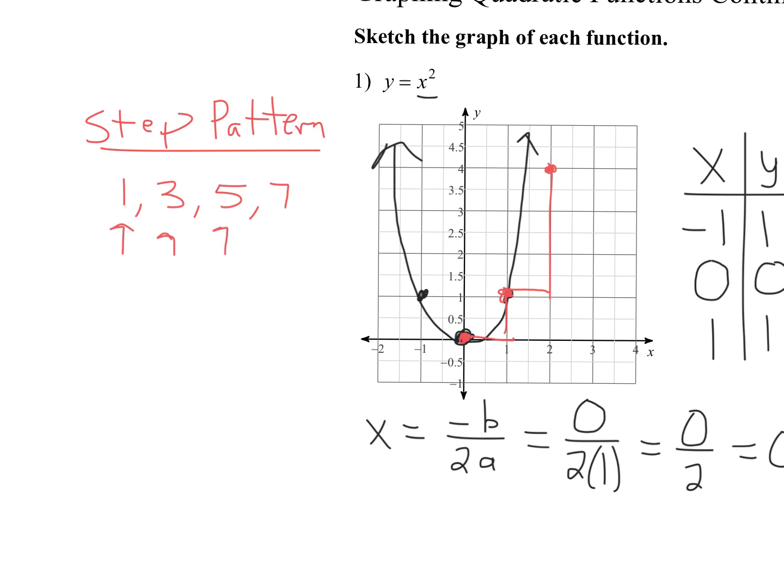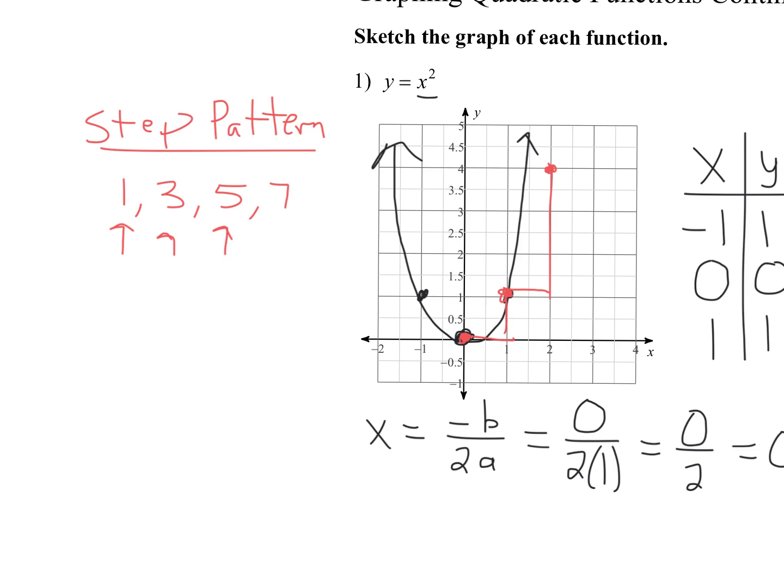Okay, so each time you go over 1, you're adding 2 extra steps up. Does that make sense? So the first time I went over 1, up 1. Now my second step, I'm going over 1, up 3. Okay, what would I do on my next one? Over 1, up 5. And then it'd be the same way on this side, but do I have to follow the step pattern on this side, or what's an easier way?